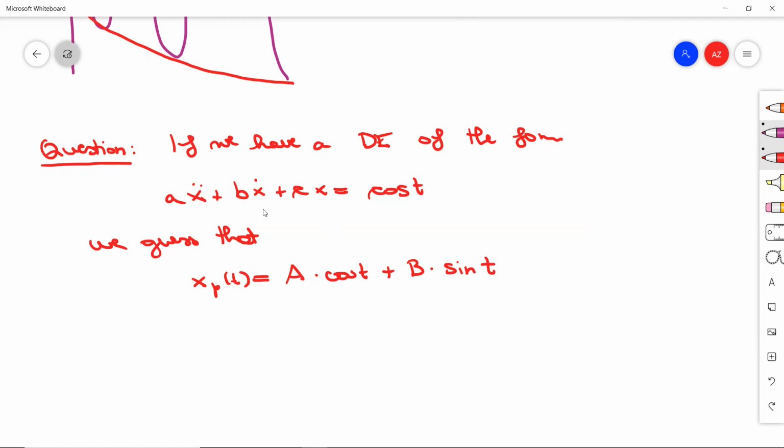So you see, why not only x particular of t is a times cosine of t?